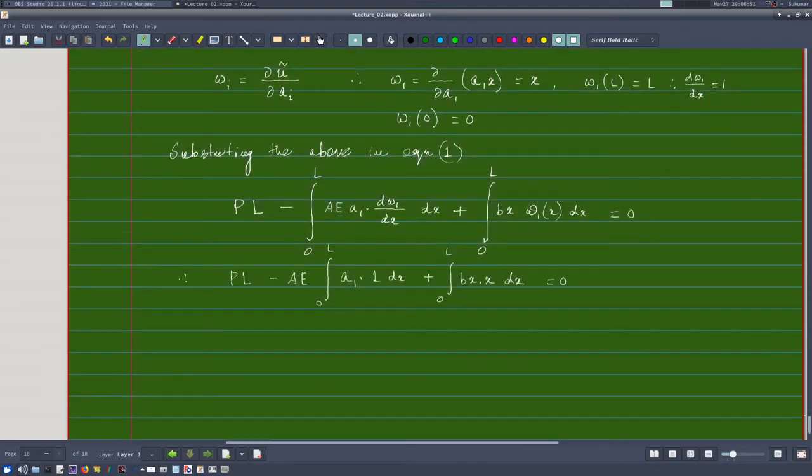So now we can simply integrate it, pretty easy.